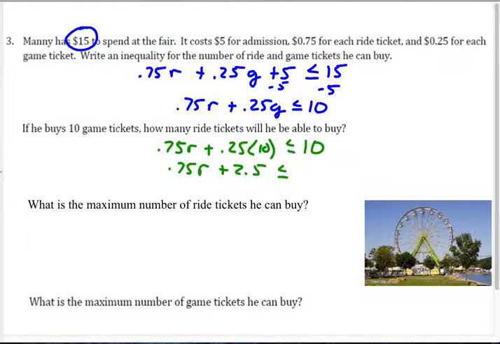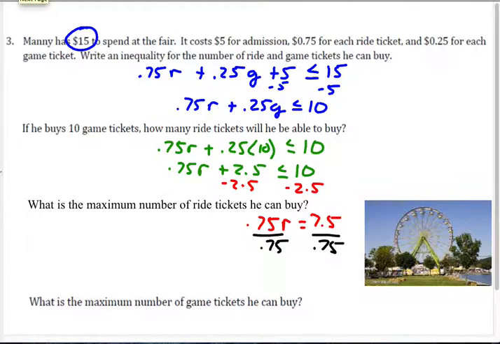Less than or equal to 10. Solving this for r to see how many ride tickets we can buy, I'd subtract 2.5. 0.75r equals 7.5. Finally, dividing both sides by 0.75. Most of you can do this in your head. If you can't do it in your head, you're going to use your handy-dandy calculator here.